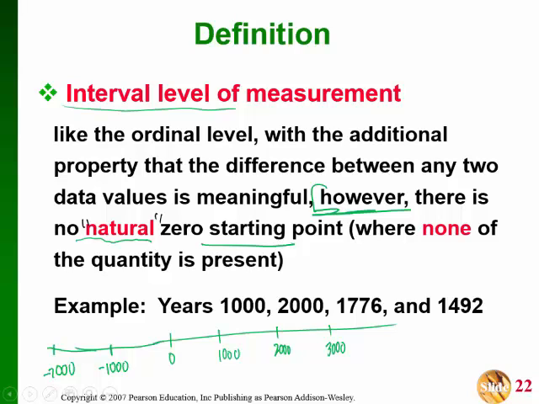Whatever that was. But that 0 is kind of arbitrarily chosen. Now, there may be some arguments there, but let's just say, for statistics' sake, that year 0 is arbitrarily chosen. And so it's not what they call a natural starting point 0.